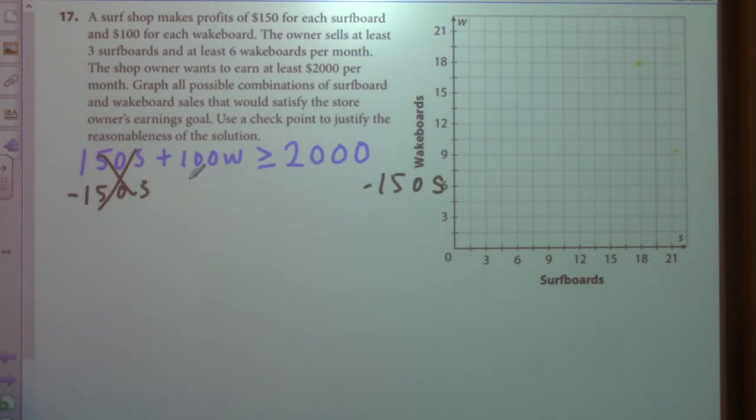And then we divide by 100. So we have w. I put y there, but it's actually w, isn't it? So w is greater than or equal to, and this is going to simplify to negative 3 over 2 s.